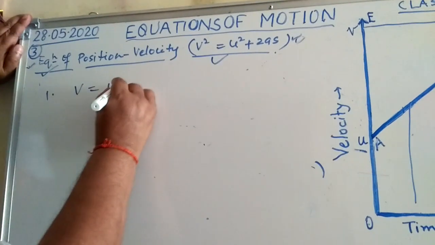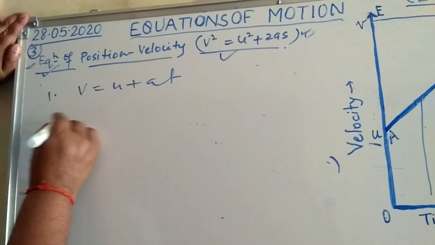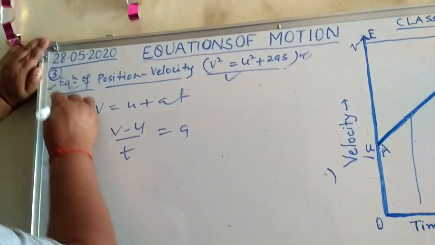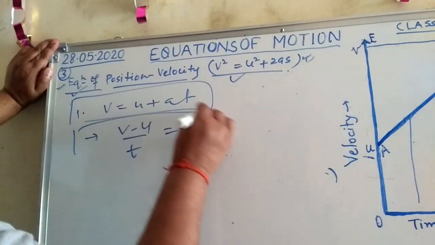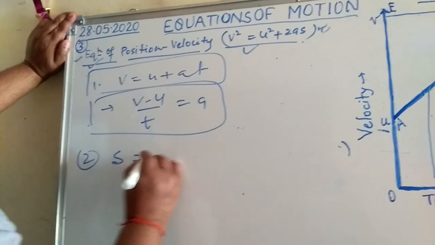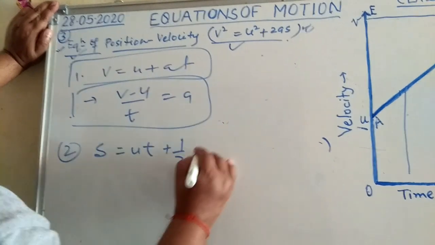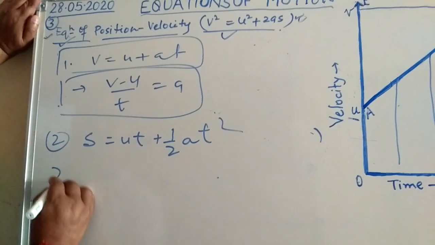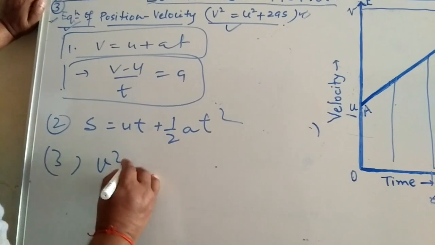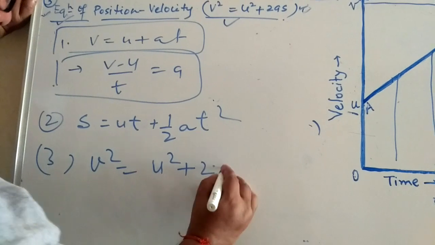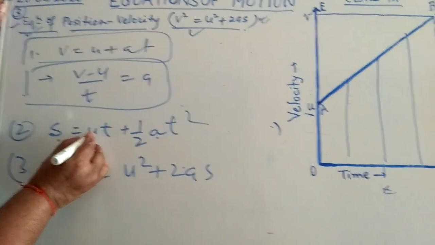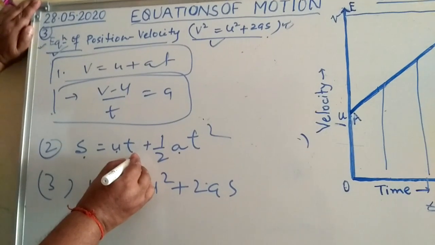First, V is equal to U plus AT, and from that we can also say that (V minus U) by T is equal to A. The second formula is S is equal to UT plus half AT square, and the third is V square is equal to U square plus 2AS, where A is acceleration, S is displacement, U is the initial velocity, and T is the time.